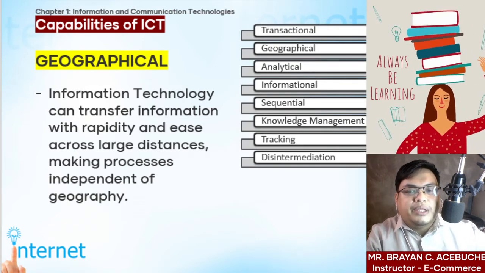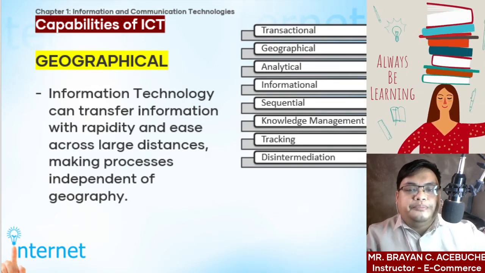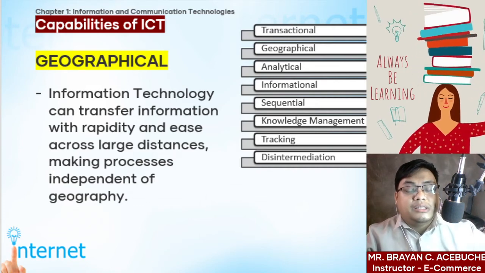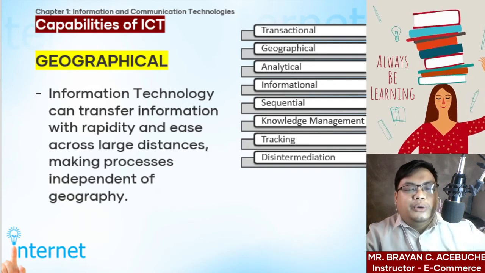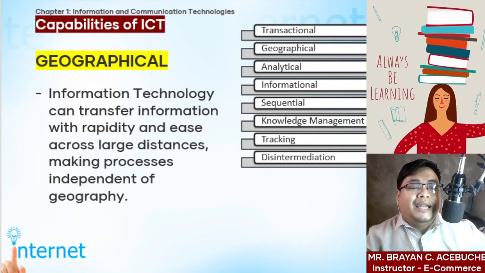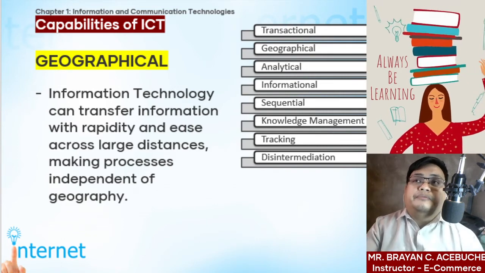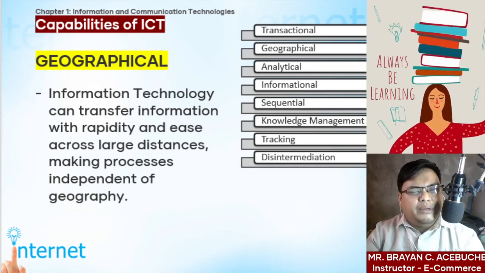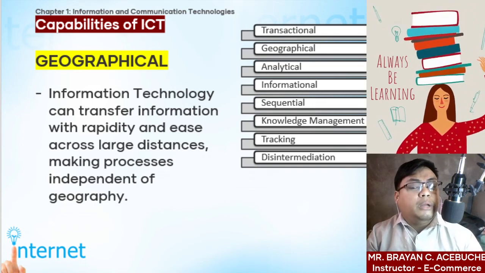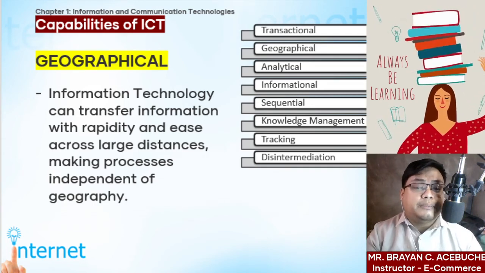So with the use of technology or ICT as business strategies, napapagaan yung trabaho, lalo na kung malalayo yung mga pupuntahan. Like for example, if it requires you na magpunta ka sa isang place or even a country, 'di ba? The development of wide area network helps.